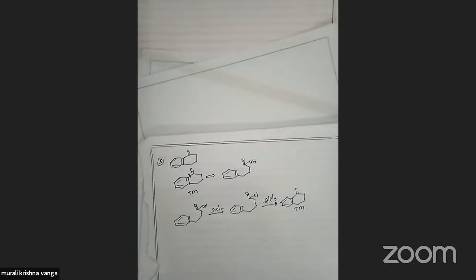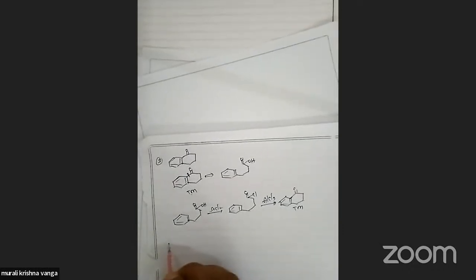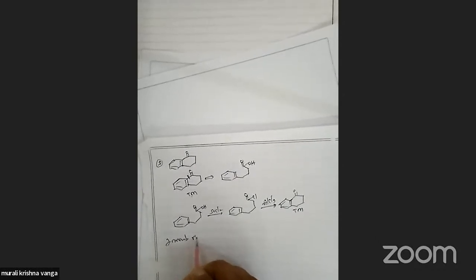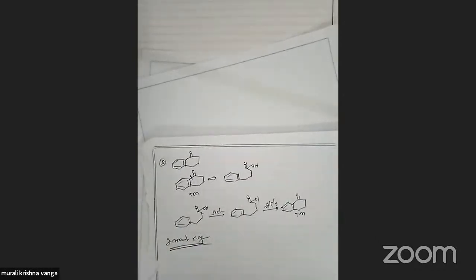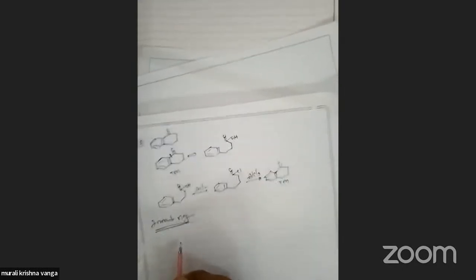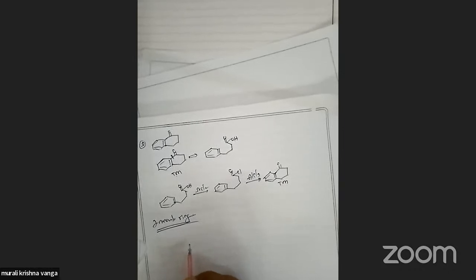And now we are going to the synthesis of 7-membered ring. Synthesis of 7-membered ring is that benzodiazepine. Benzodiazepine is the product.